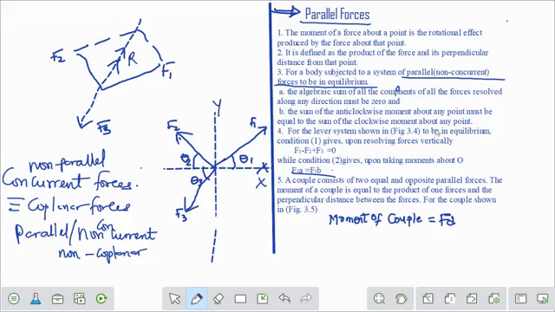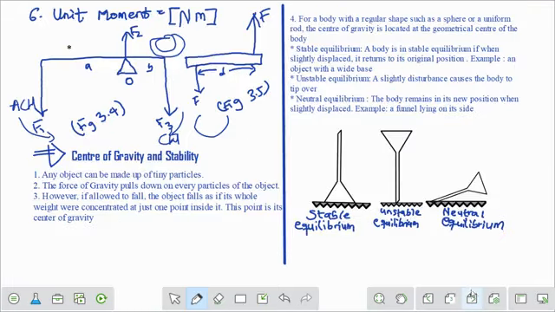Do you get? Now, for the lever system shown in the diagram to be in equilibrium, condition 1 gives, upon resolving forces vertically, F1 minus F2 plus F3. Now there's still what we call sum of upward forces must be equal to sum of downward forces.